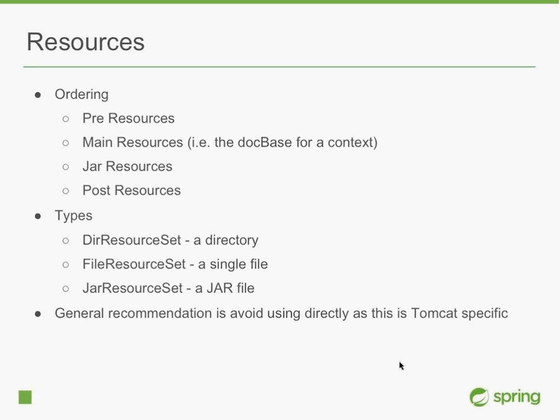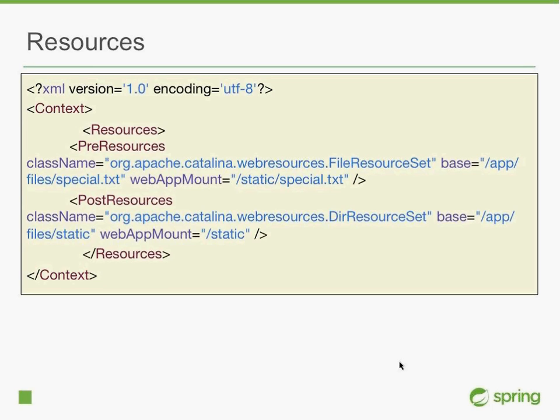I'm just going to skip this one and show you straight the XML so you can see some context to how these are mapped in. So for the application context, we say that there is a resources block defined, and the pre-resources are a file resource set pointing at a directory there that maps a specific file here rather than a directory, and that is resolved prior to the web application's servlet component.